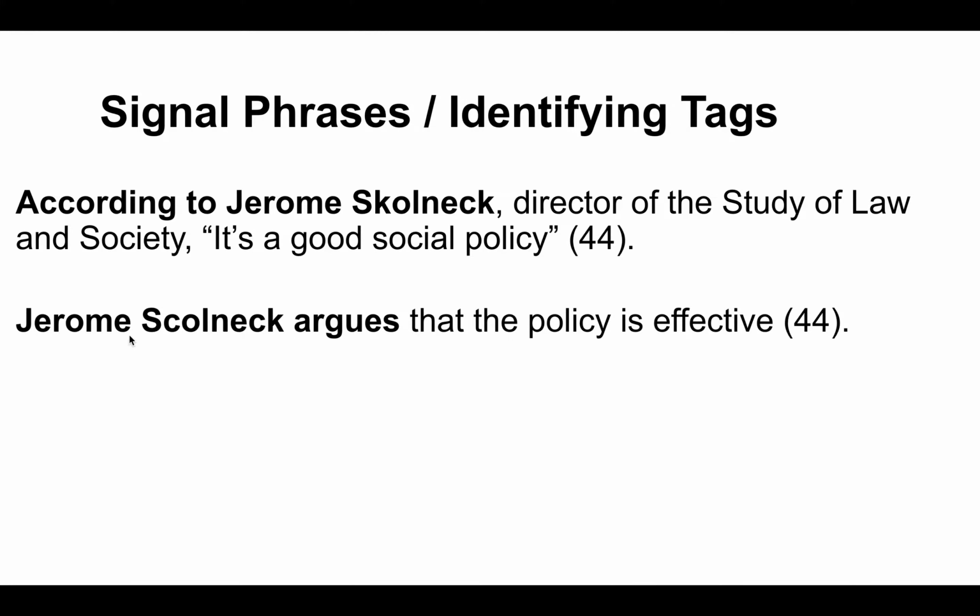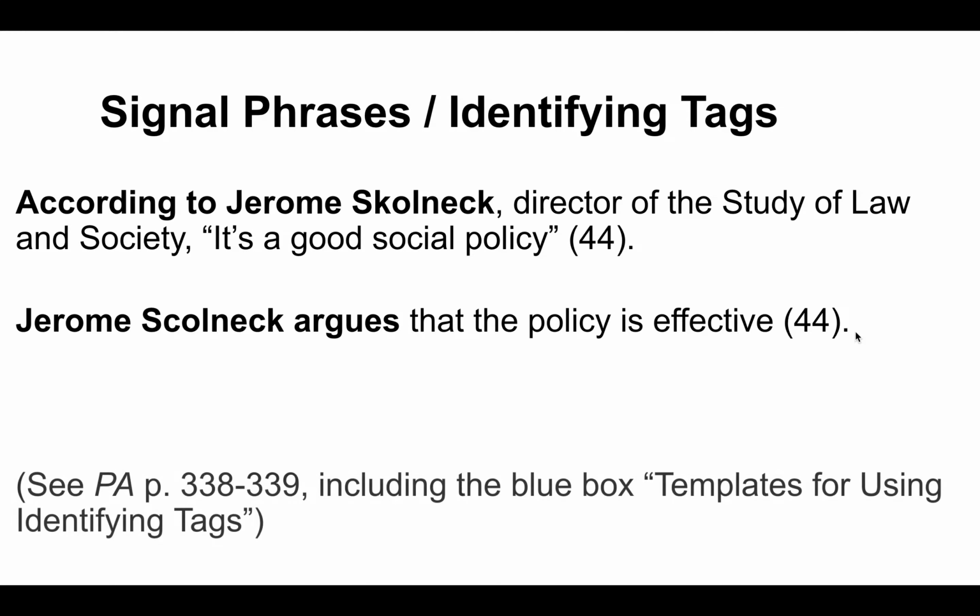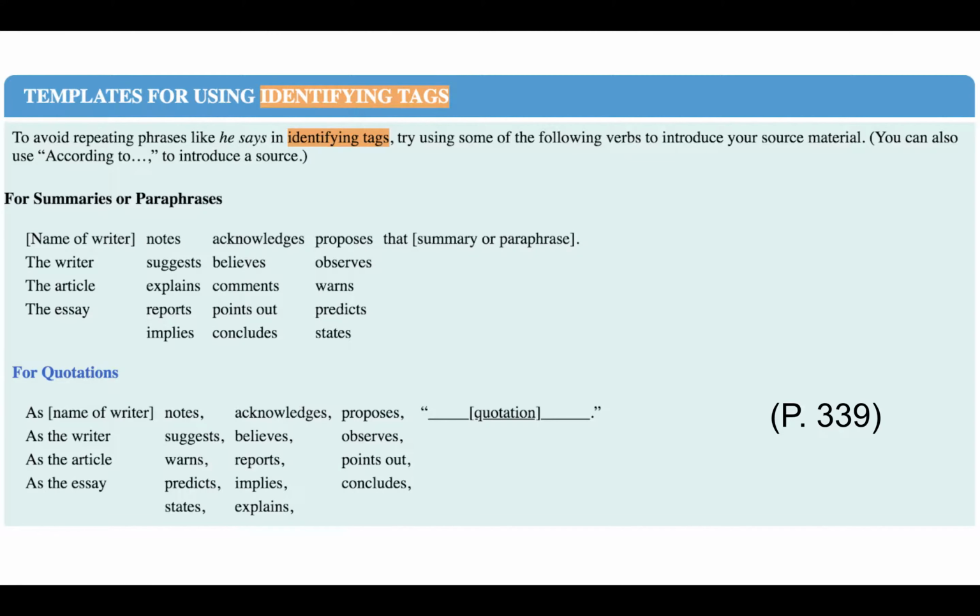Here's another one. Jerome Skolnick argues that the policy is effective. This is a paraphrase. They've put "it's a good social policy" in their own words, but it still needs to be cited. So in Practical Argument on page 338, 339, there is a blue box, templates for using identifying tags. It looks like this, page 339.